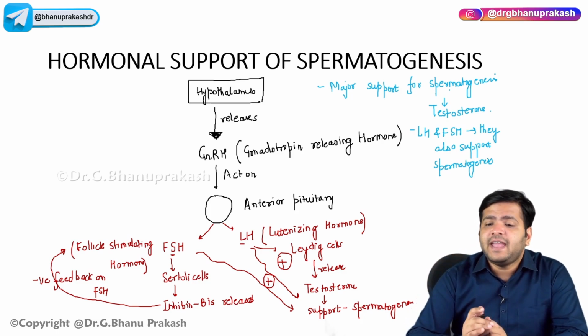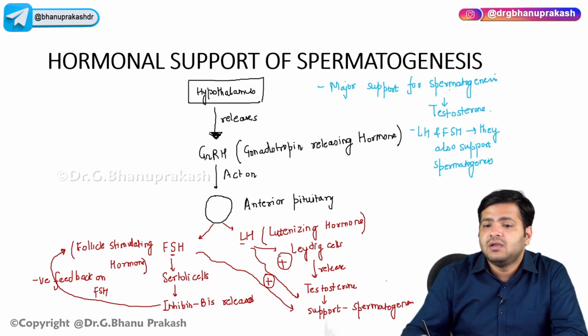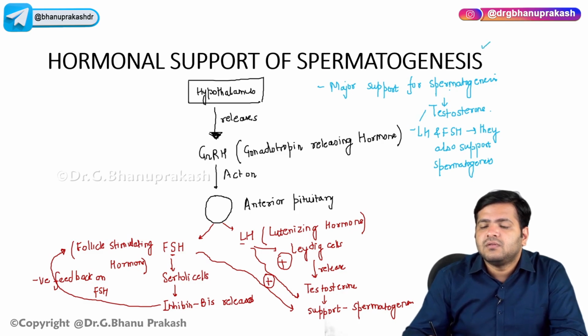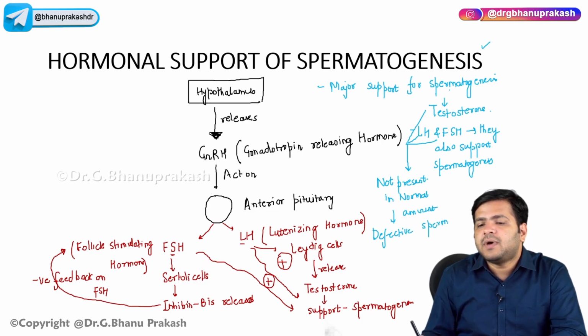So if these three hormones, testosterone, LH and FSH, are not present in normal amount, then it can lead to defective spermatogenesis, right?